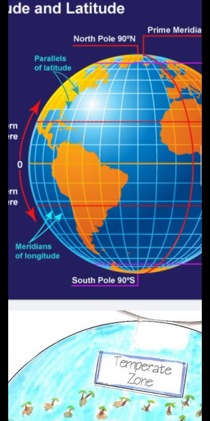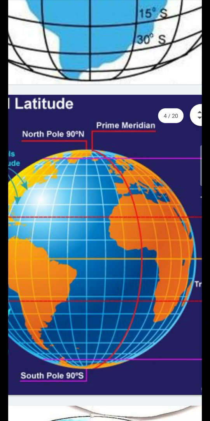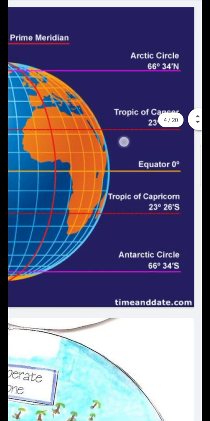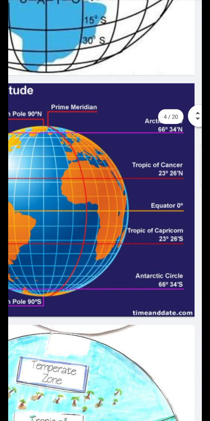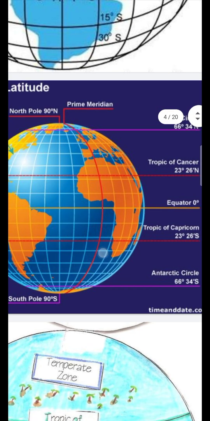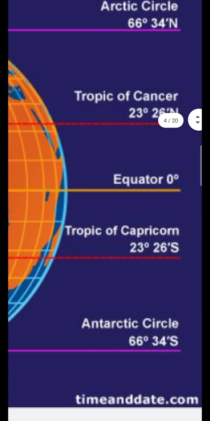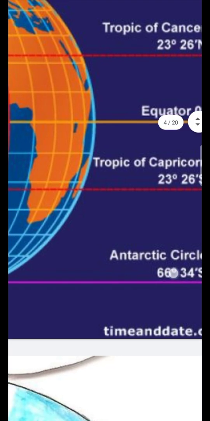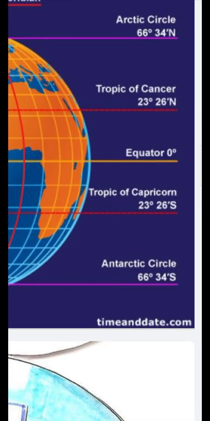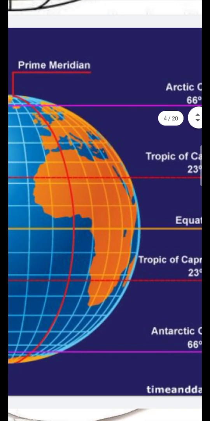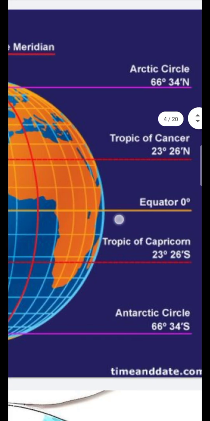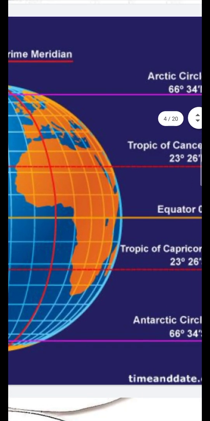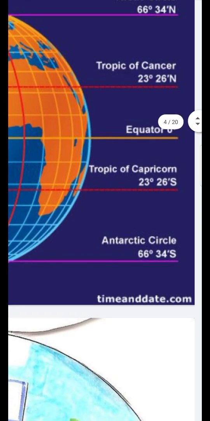This is the south pole, 90 degree S, and this is the north pole, 90 degree N. There are some important lines which pass through the earth's surface, that is Tropic of Cancer, Tropic of Capricorn and Antarctic Circle.